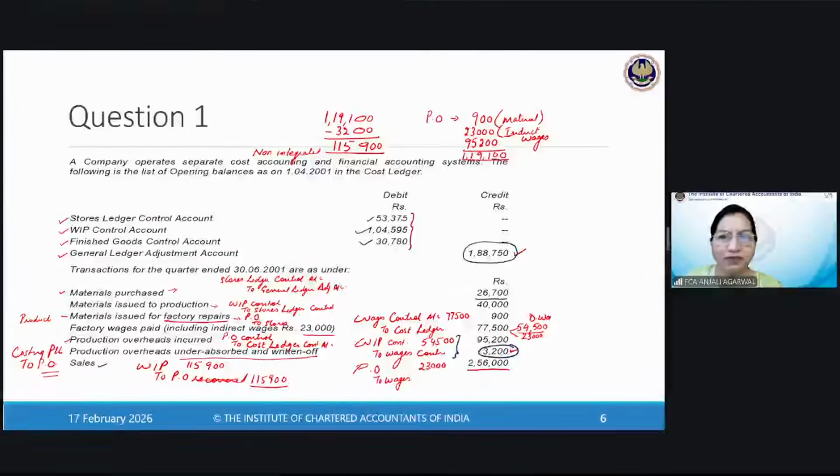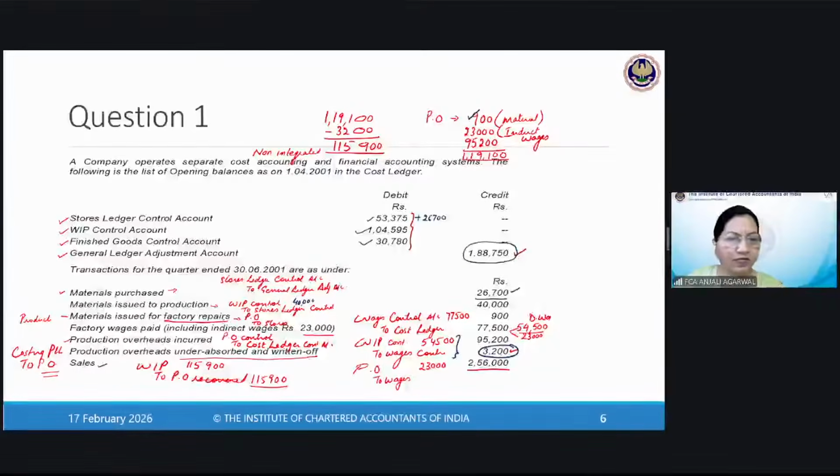Now, in this 53,375, you add another 26,700 of raw material purchased, out of which 40,000 is issued to production, 900 as factory overheads. So 900 goes as works production overheads and 40,000 goes as stores to WIP.